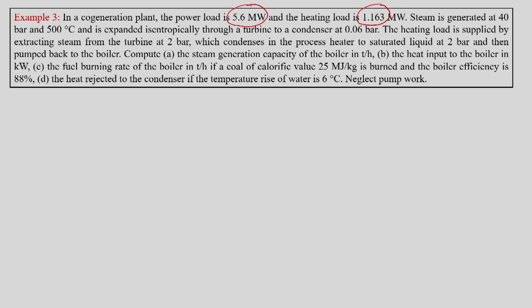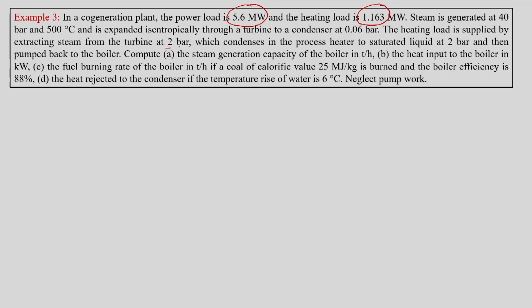Steam is generated at 40 bar and 500 degree Celsius and is expanded isentropically through a turbine to a condenser at 0.06 bar. The heating load is supplied by extracting steam from the turbine at 2 bar condition.